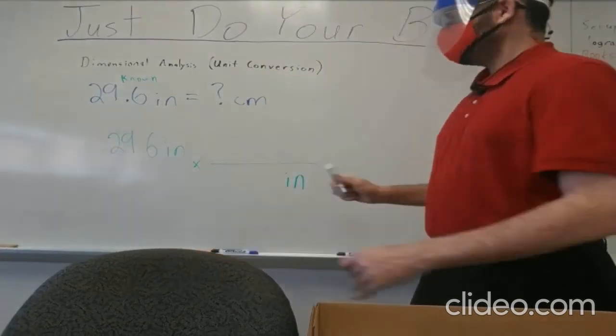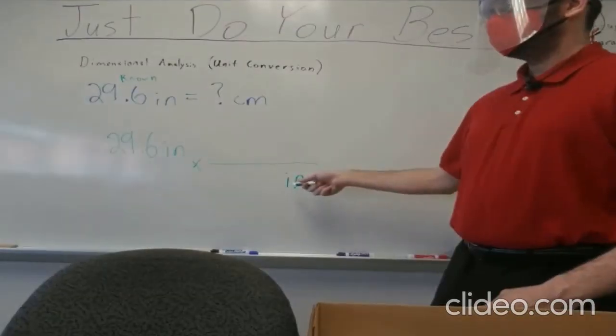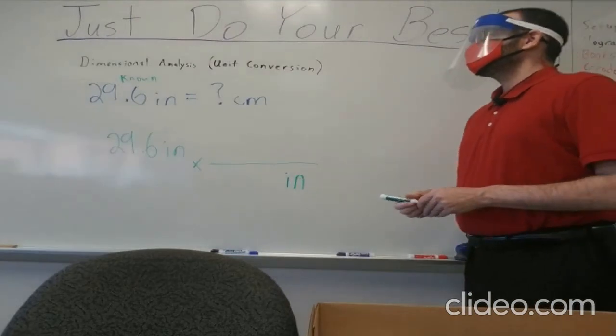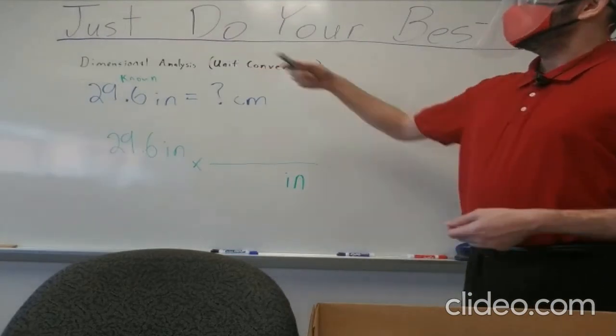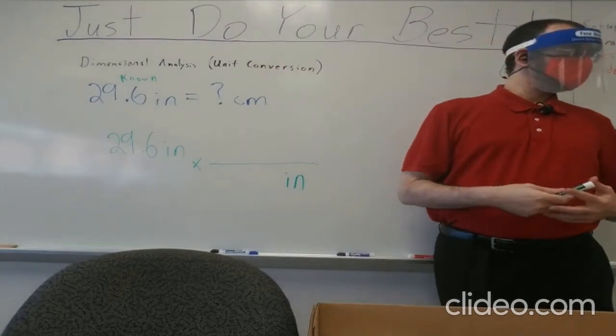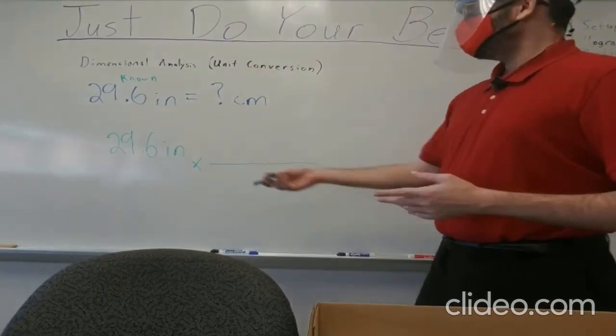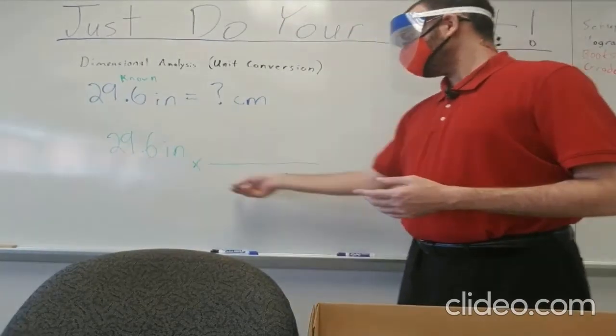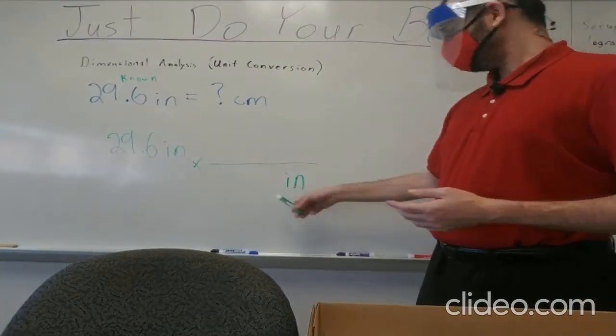This way, the unit will cancel. Because in the end, dimensional analysis is math guided by canceling units. So it is very important that we take our unit and drag it down so that it will cancel.